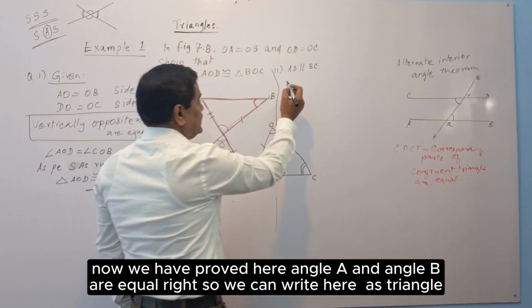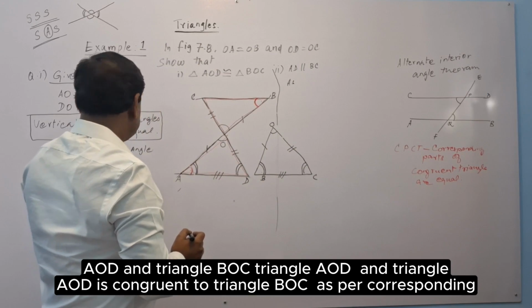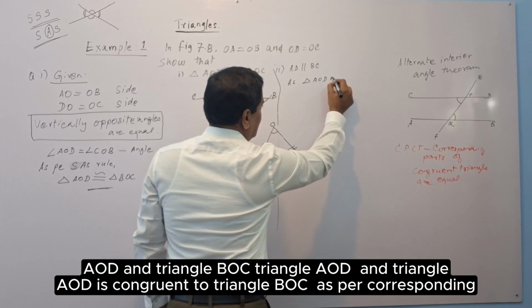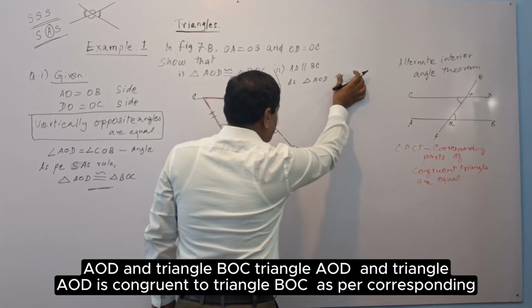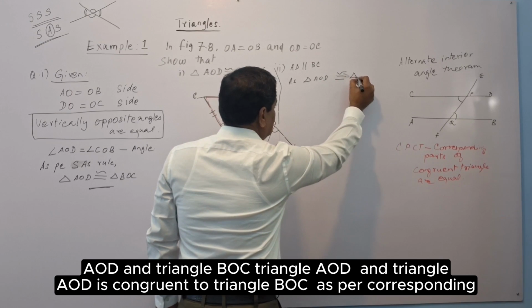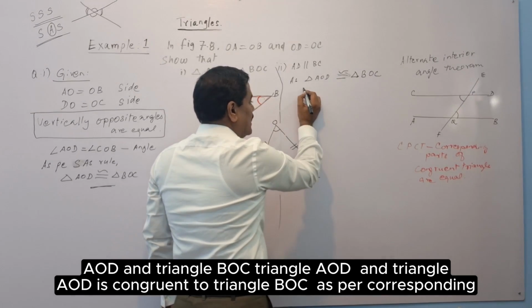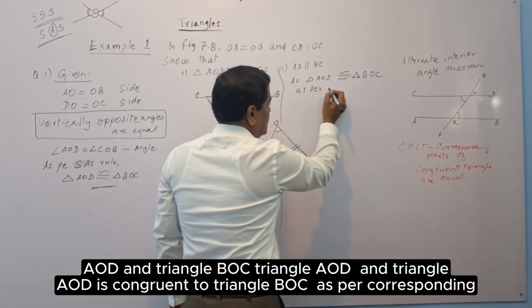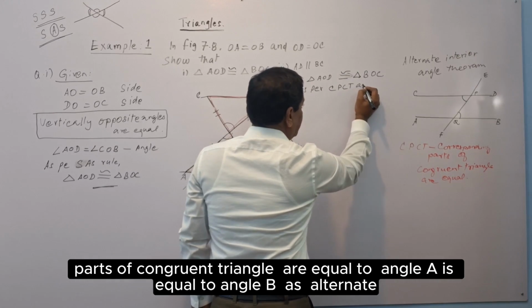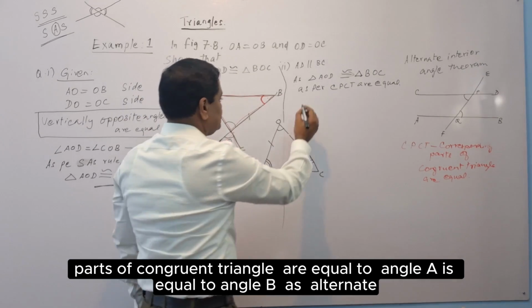So we can write here as triangle AOD is congruent to triangle BOC, as per corresponding parts of congruent triangles are equal.